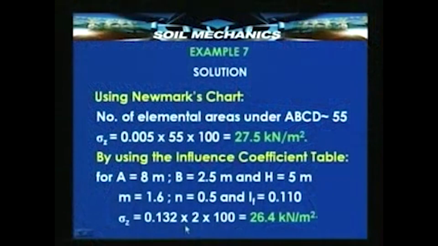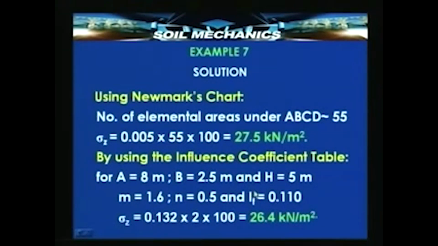So, this gives us m equal to 1.6, n equal to 2.5 by 5, that is 0.5, and the corresponding influence factor is 0.110. The stress would be that value into 2 into 100, which would give you the stress arising due to the area.